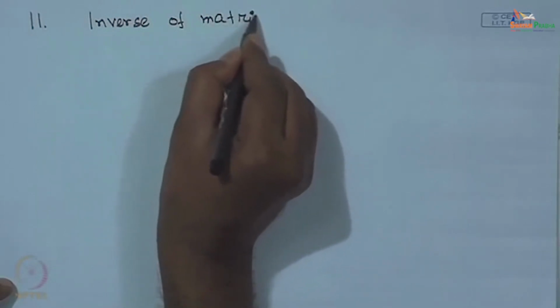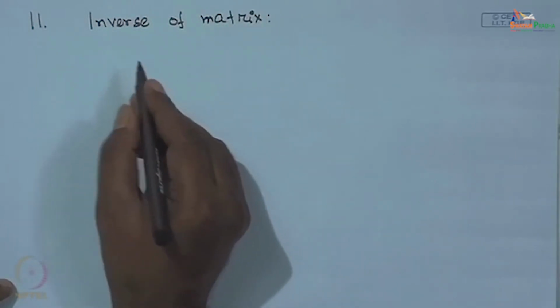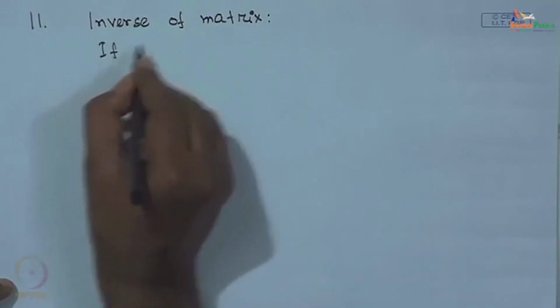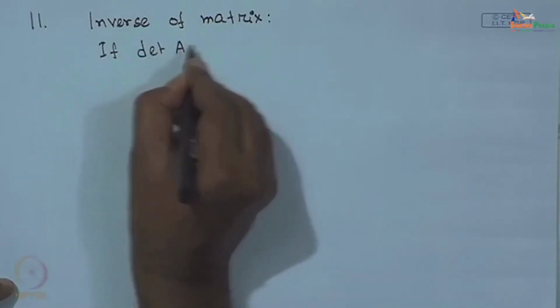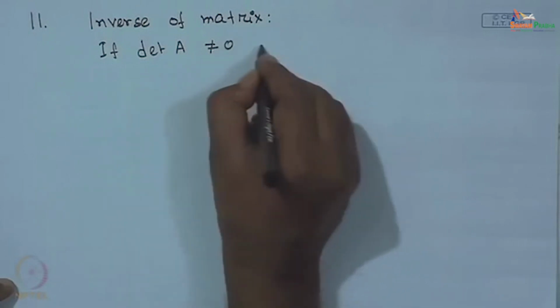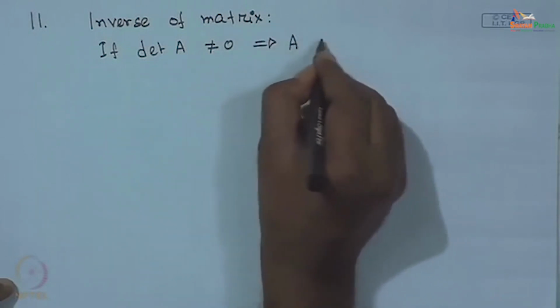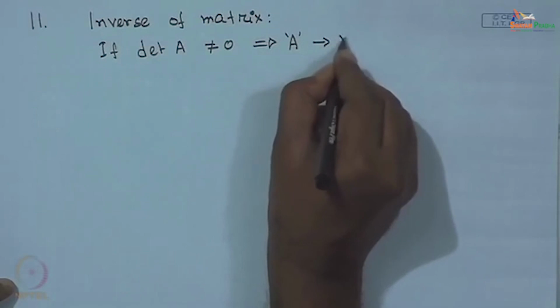Okay. Then we talk about the inverse of a matrix. If the determinant of a matrix A is not equal to 0, then A is called a non-singular matrix.